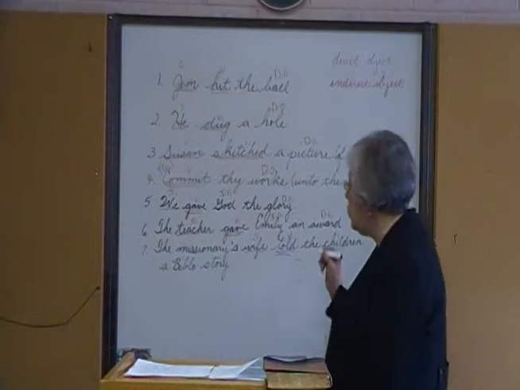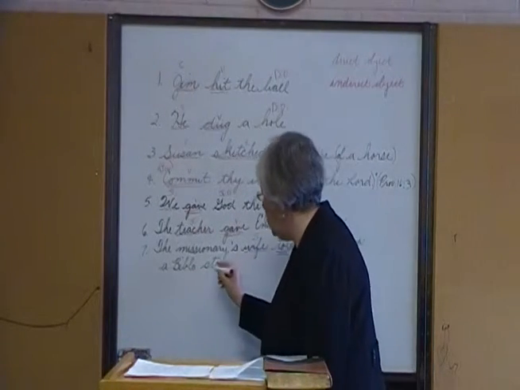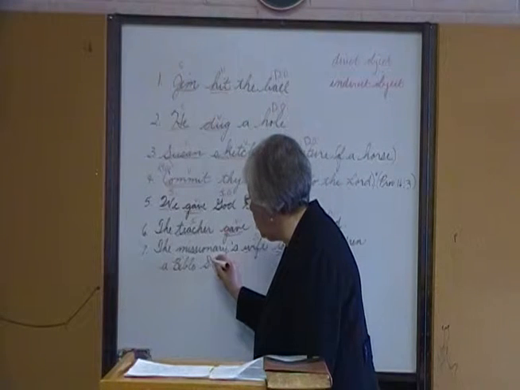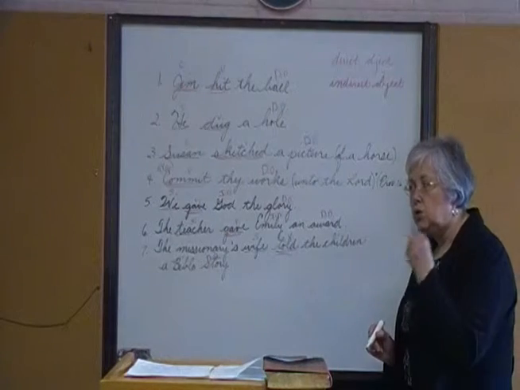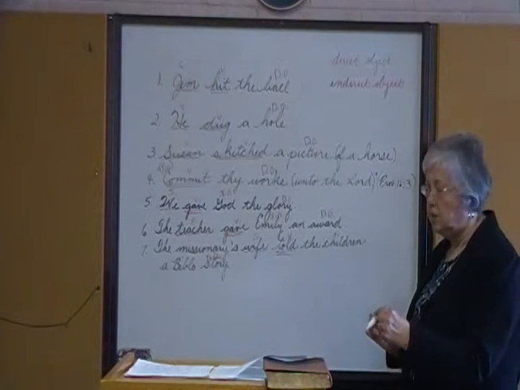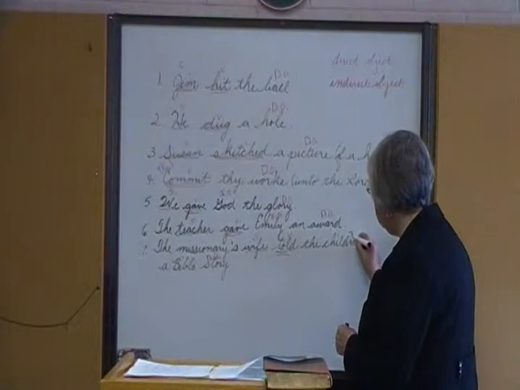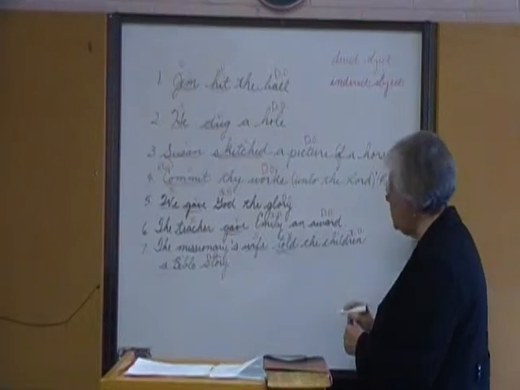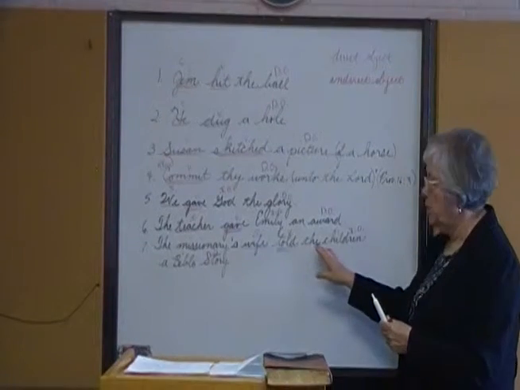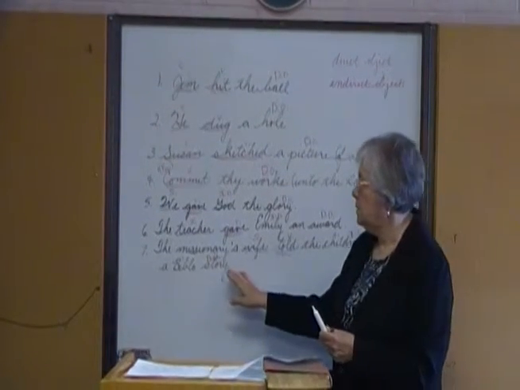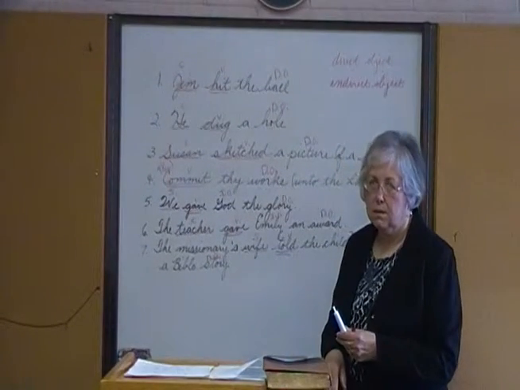Told what? Told story. Story is your direct object, and it's a noun. Told to whom? The children. The children is your indirect object. Again, notice the location. Action verb, indirect object, direct object.